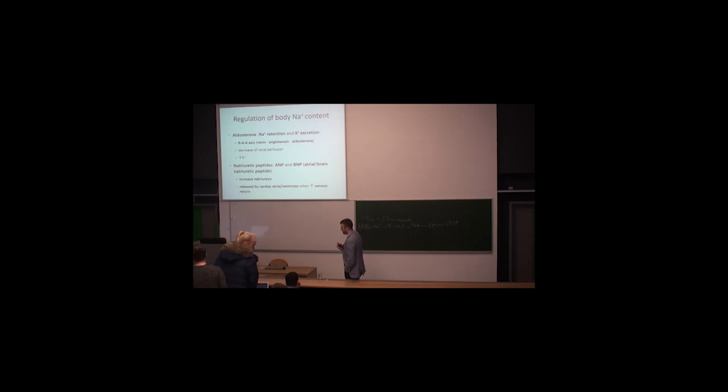What can our body do with the regulation of the sodium concentration? So here we have basically two systems, the Renin-Angiotensin-Aldosterone system and the opposite system, that's the system of natriuretic peptides. So I think that about aldosterone and renin-angiotensin you have already heard, yes, you know it.